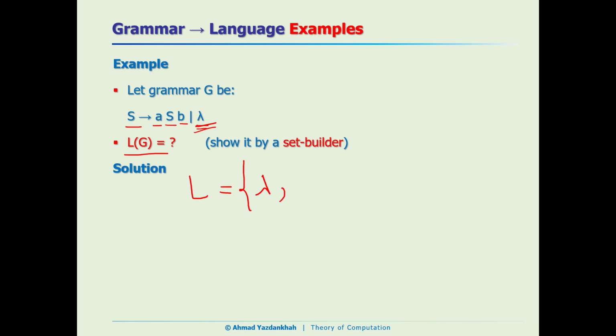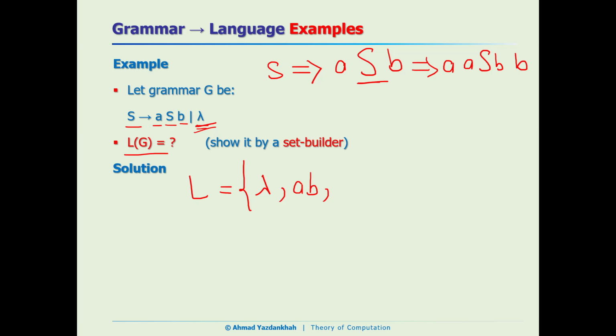And what else? S can derive A S B, and this S can be substituted with lambda, so we get AB. So AB can be produced here, or we can substitute this S with another ASB.